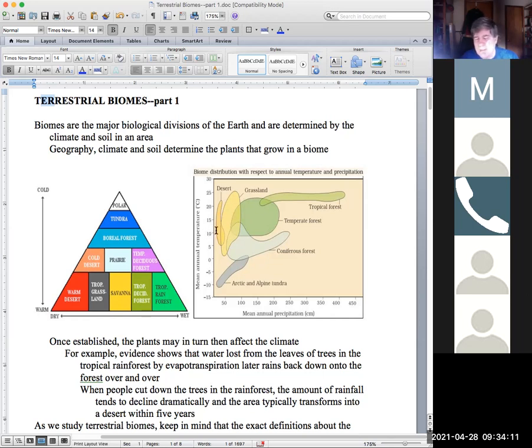But something to keep in mind in general is that when people divide parts of the world up into biomes, there are lumpers and there are splitters. If we look at our pyramid on the left, the temperate grassland and the prairie, and sometimes even the savanna, are all grouped together as grasslands. And sometimes they're separated out.